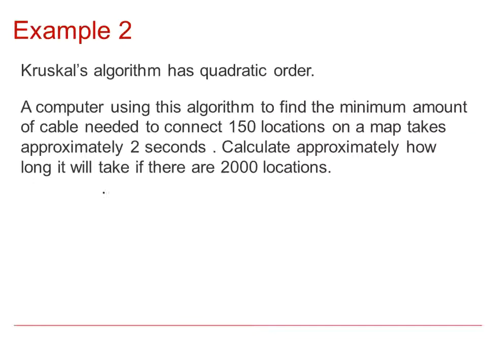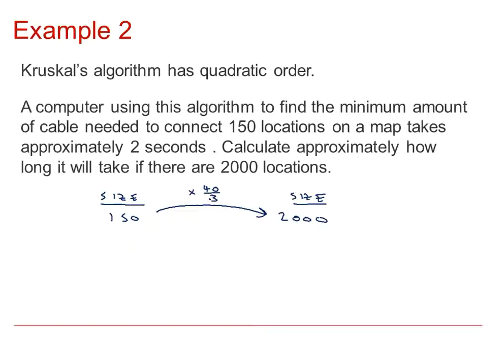So again, let's look at the size of the original problem. The original problem was 150 locations. The size of the new problem is 2,000 locations. If you divide 2,000 by 150, the multiplying factor is 40 over 3.